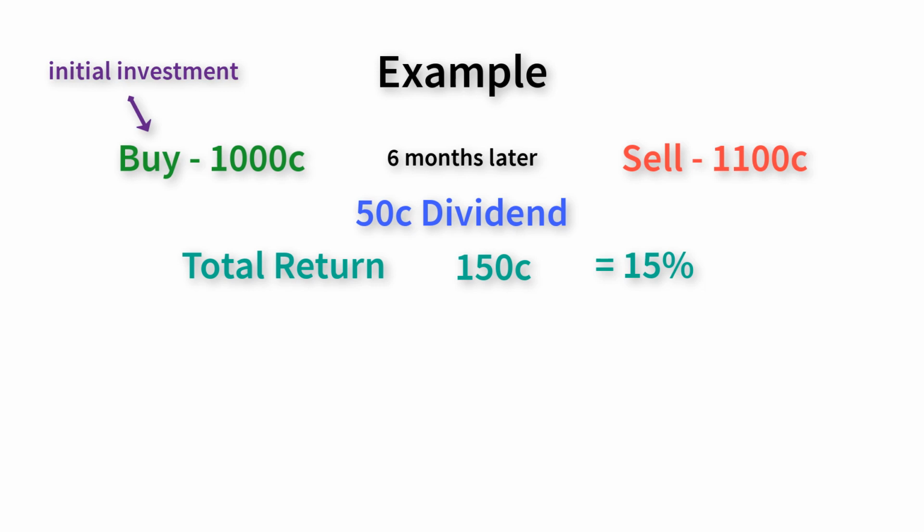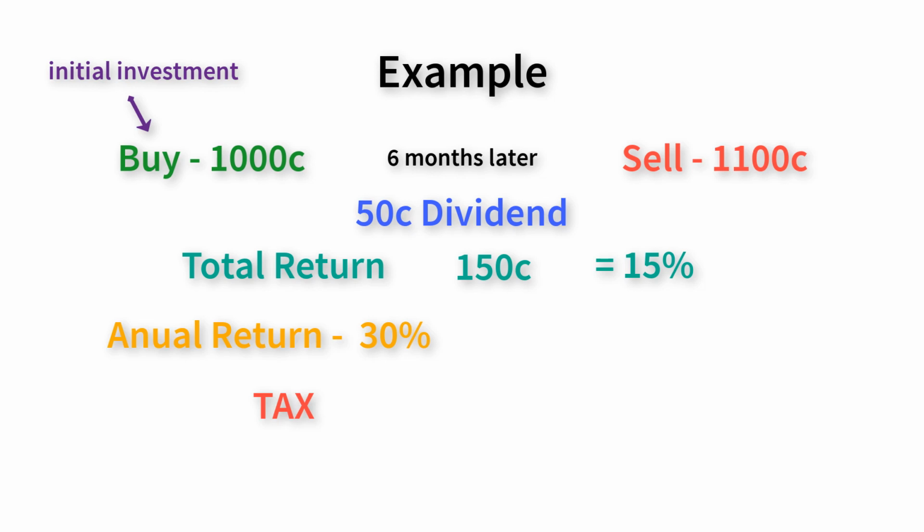But you have made that return in 6 months, so we need to annualize it, so that it is comparable with other investments. So your total return in percentage terms is 30%. Then, of course, you need to allow for taxation, which will depend on the tax bracket that you fall into.